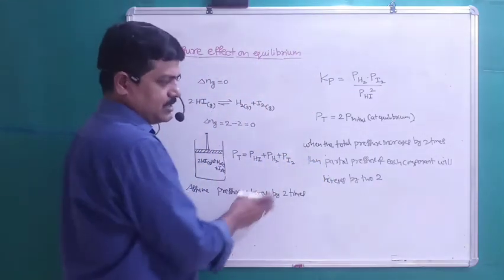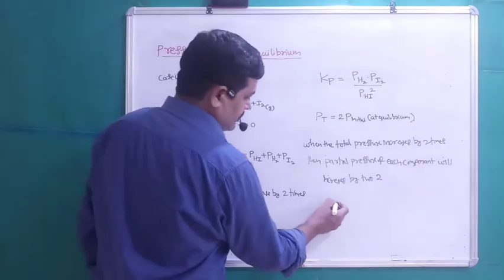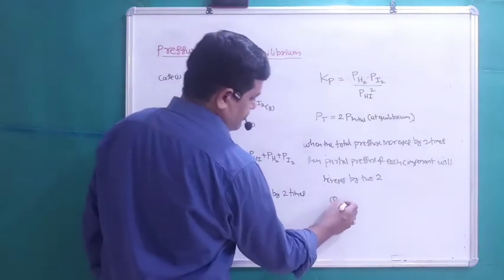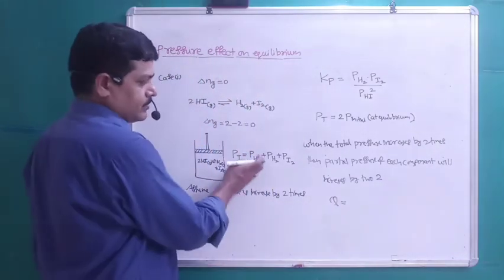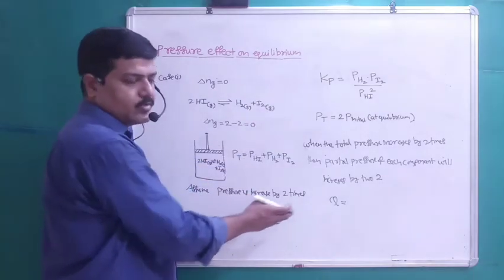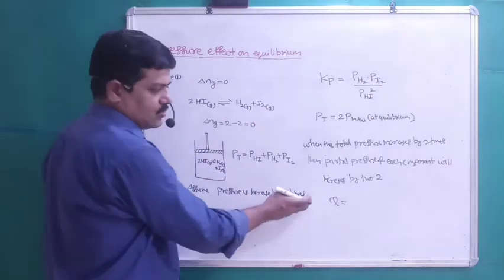So the new pressures, when equilibrium is disturbed, will give us the reaction quotient Q, right?